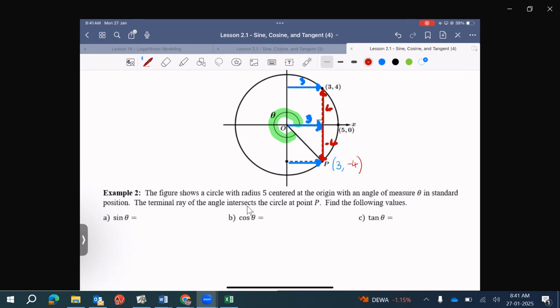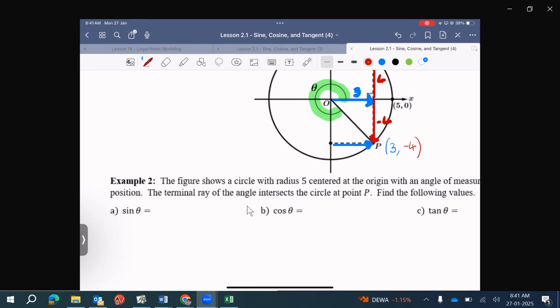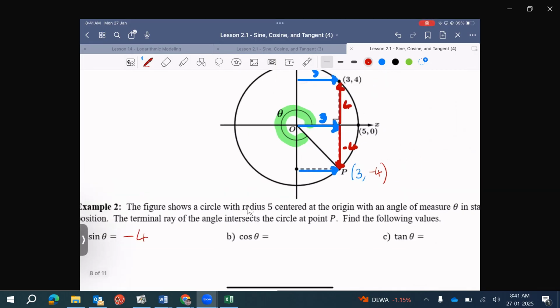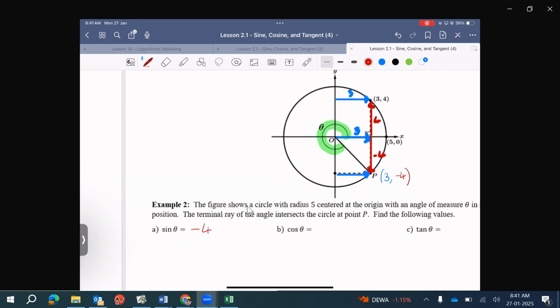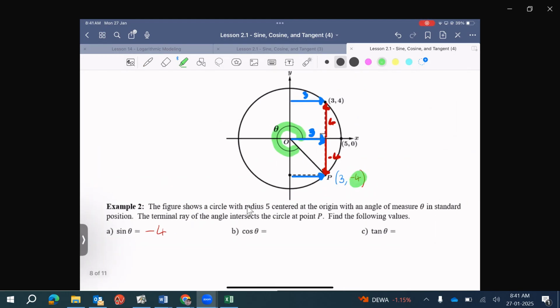Okay, so what is the sine of theta going to be? Negative 4. Why do you say negative 4? Because the y value is negative 4. So Sam has a good start, a good idea. He's using the unit circle and saying that this is always the sine value, and likewise the blue one is always the cosine value.